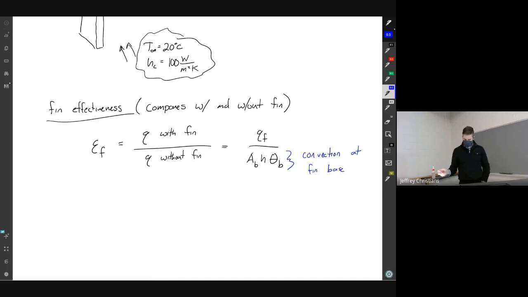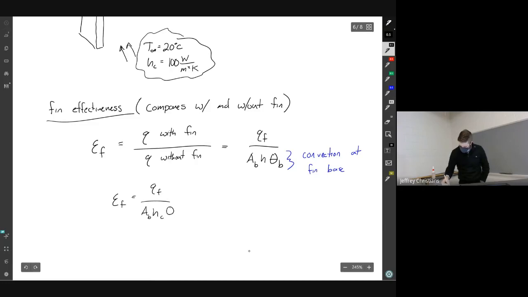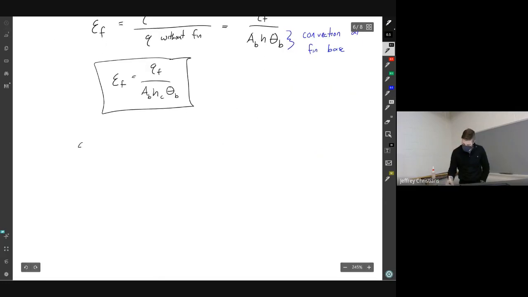So that would be one way to measure our fin performance. So epsilon F equals, well, I'll box it here so that we have it, Q fin over area base h theta B. And if we were to calculate that for our fin, that would be 3.3 watts divided by the area of our base.